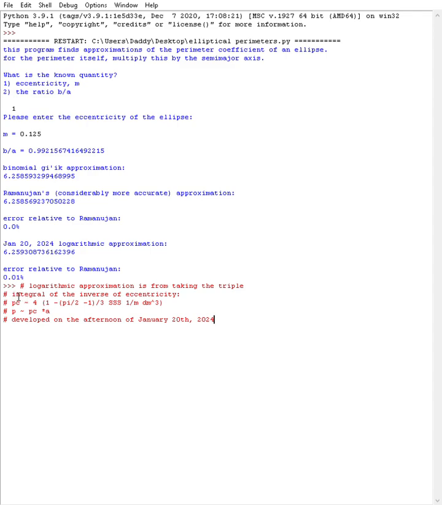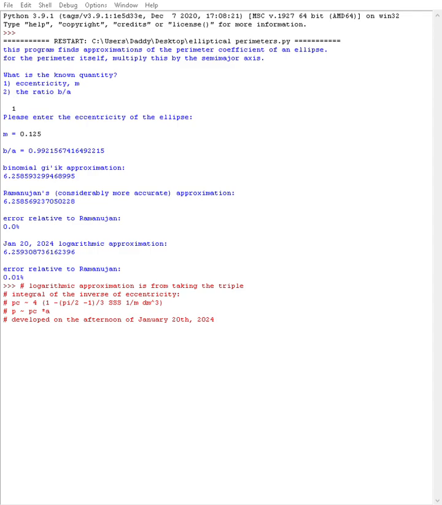So your perimeter constant is approximately 4 times the quantity 1 minus the quantity pi on 2 minus 1 closed quantity on 3 times the triple integral of 1 on your reduced eccentricity dm cubed. And then your perimeter will just be that times the half of a real ellipse. This was developed this afternoon.